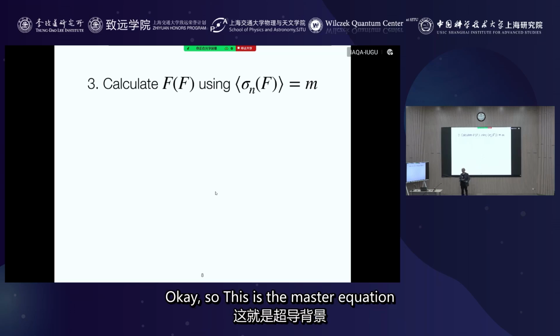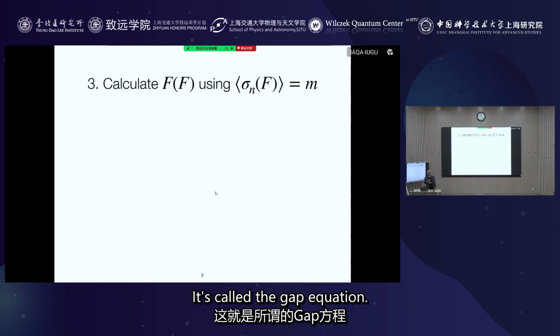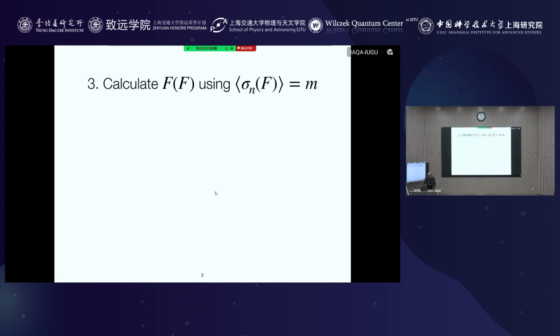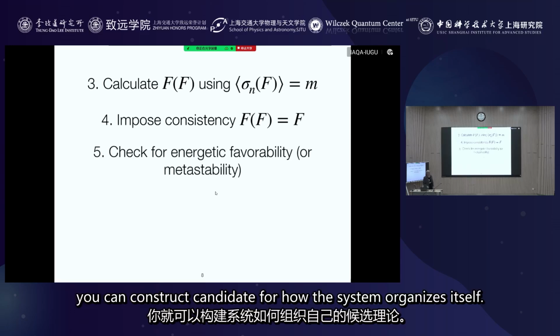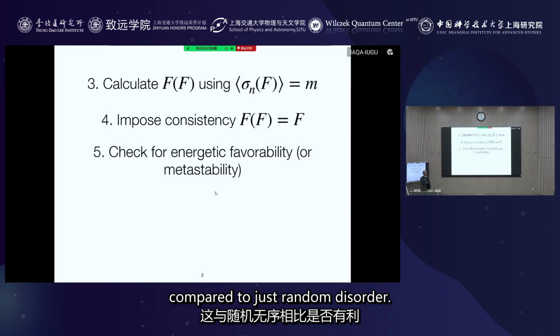Okay, so this is the master equation. In the context of superconductivity, it's called the gap equation, but it has a much older history. And if you impose that, you can construct a candidate for how the system organizes itself, and then you can check if that's favorable compared to just random disorder.